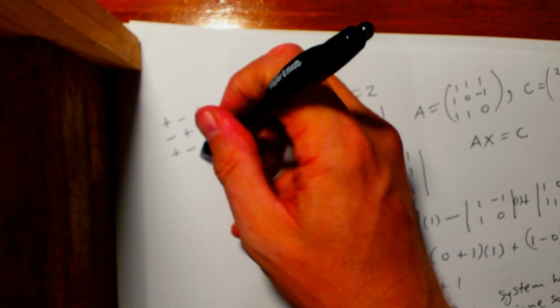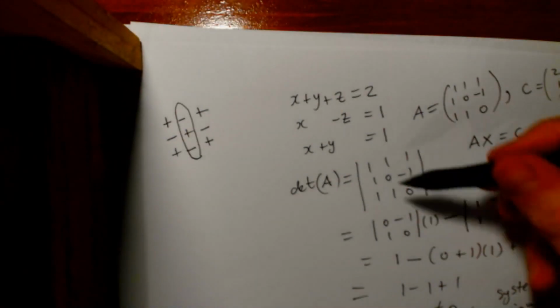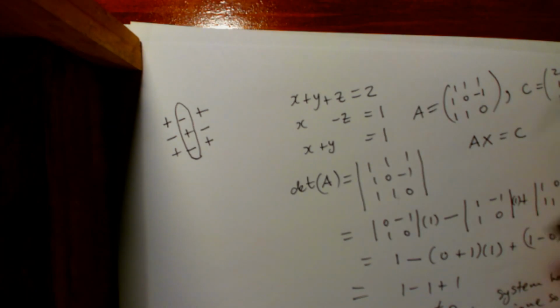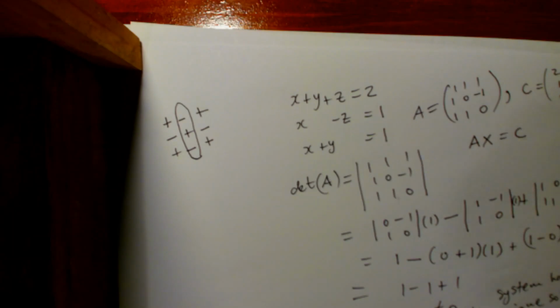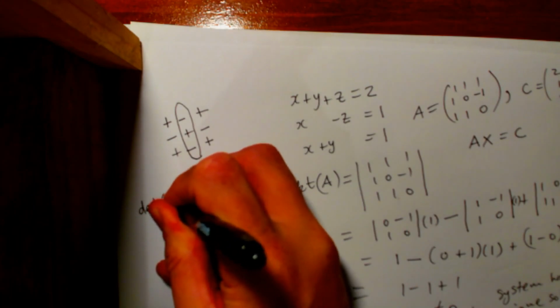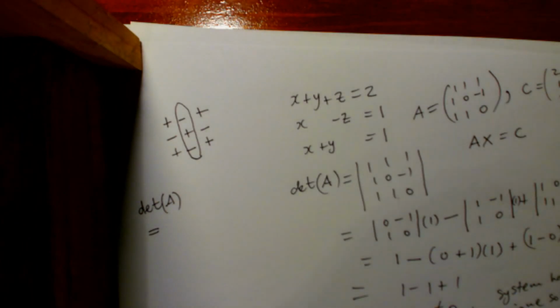So if I were to expand across the second column, for example, I'd be taking these numbers, and sometimes it's more convenient to do that because you might have some zeros in there telling you that the result would be 0. So calculating the determinant in another way, we know we should get 1, right?